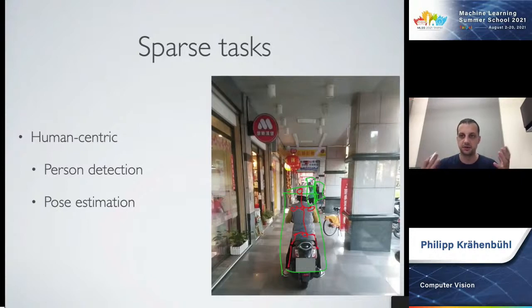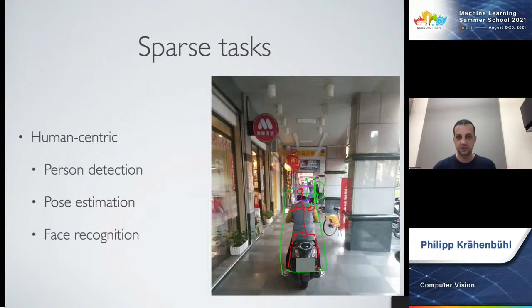You can do this in just 2D in the image, or you can even try to do this in 3D by inferring their pose as they are placed in the 3D scene. Another popular sparse human-centric task is face recognition, which is either detecting all the faces or even identifying different properties down to the identity of the person itself.